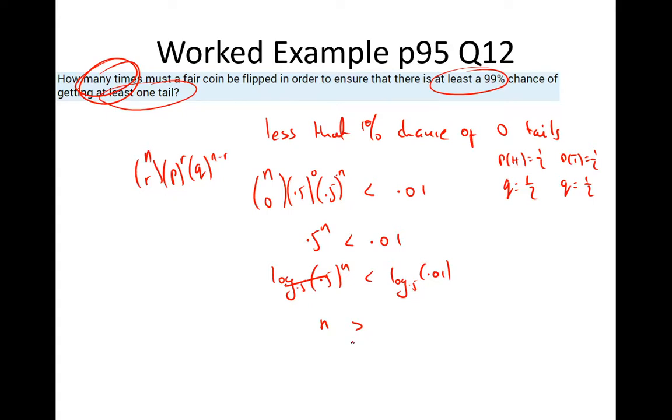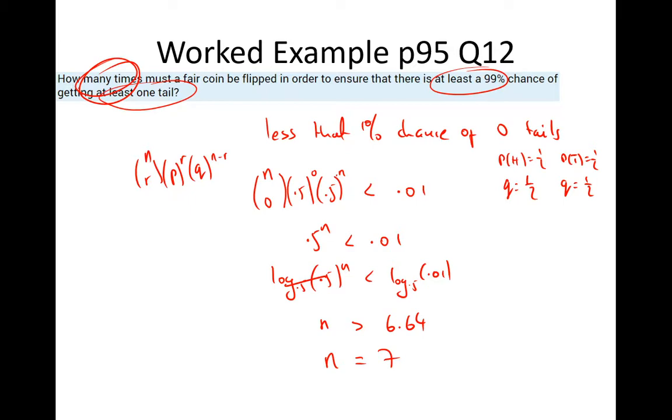And just to work out in your calculator, log to the base 0.5 of 0.01, and that comes out as 6.64. Now, what's the first natural number greater than 6.64? n must be equal to 7. So therefore, the coin must be flipped 7 times in order to ensure that there is at least a 99% chance of getting at least one tail.